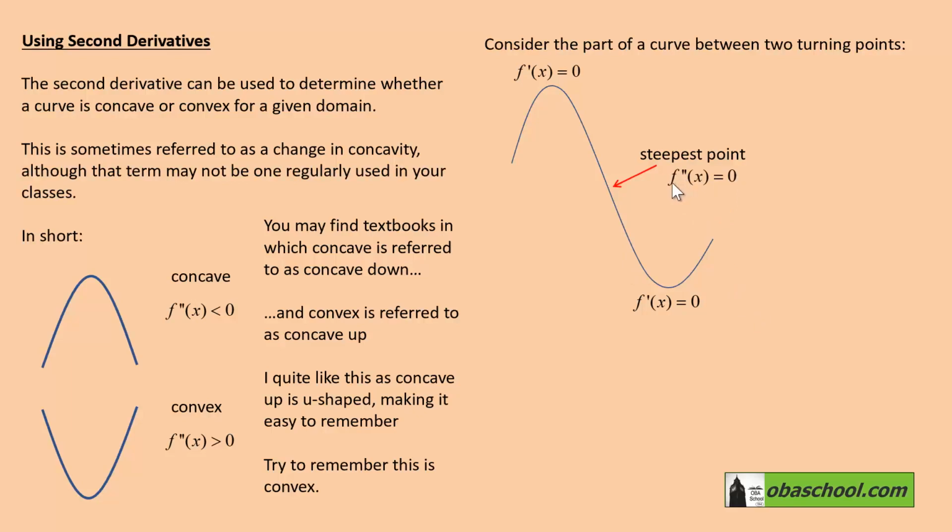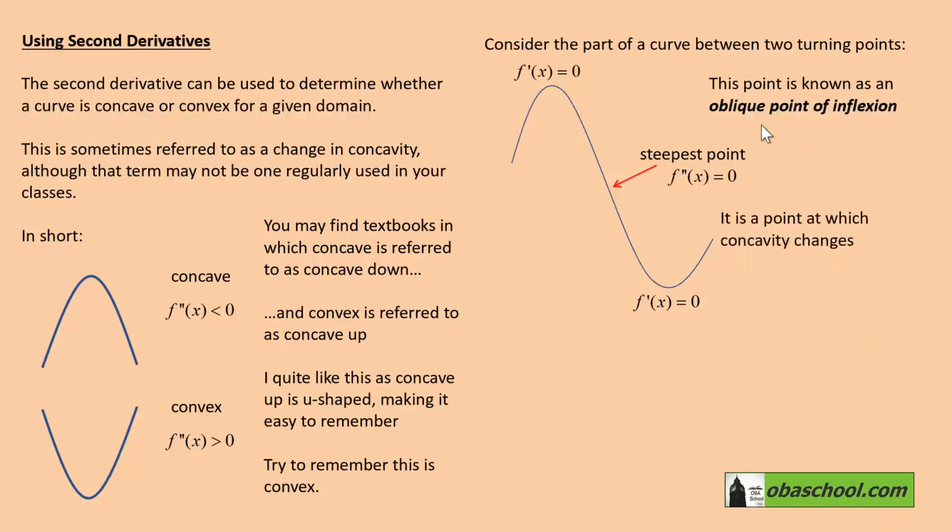At this steepest point, the second derivative is 0. This point is known as an oblique point of inflection. An oblique point of inflection is a point at which the concavity changes, because we can see that it's concave up here and convex down here.